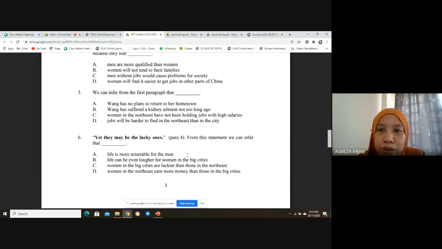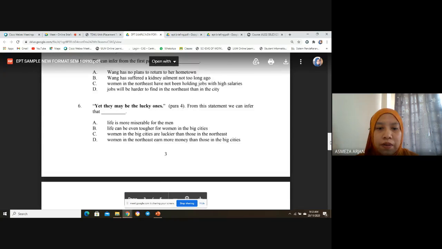In bahasa Melayu, kita nak yang tersirat di sebalik yang tersurat. So infer means yang tersirat. Tersurat means stated, tersirat means indirectly stated. So we want the inferred, the indirectly stated answer. You have to be careful on this question.